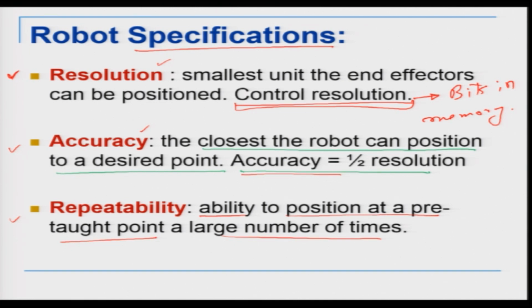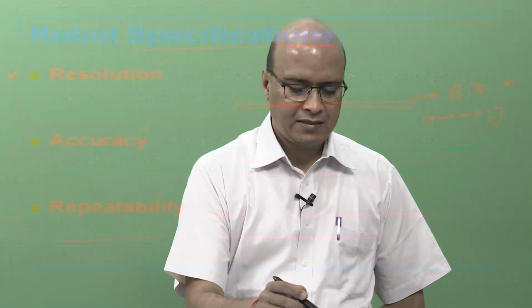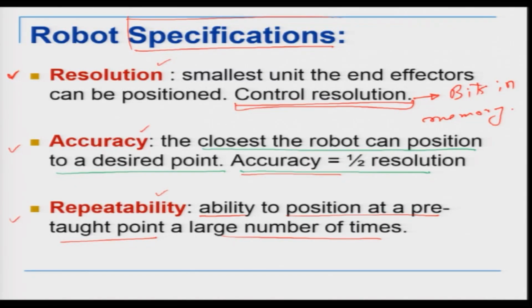And then they will also give you repeatability, which says that if you teach it once in space, but you want to repeatedly go to that point, you will go somewhere near that point, because there are different errors which are directional and dependent on other parameters. Okay. So these three points make up the specifications of a robot.